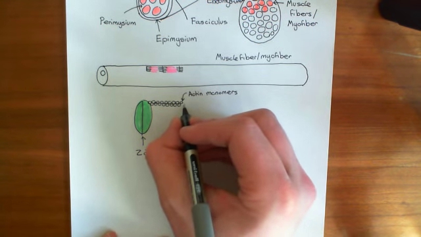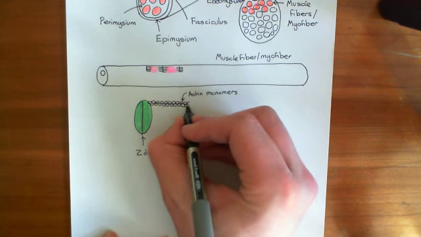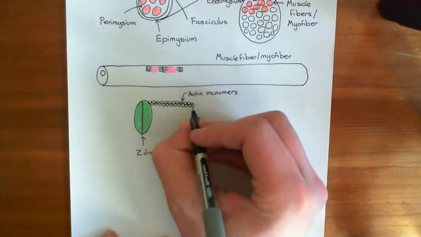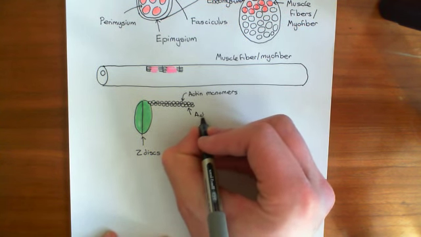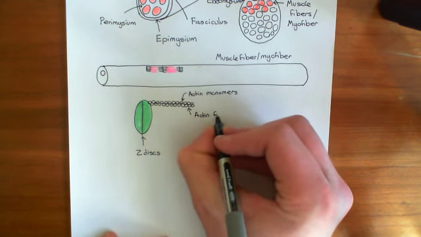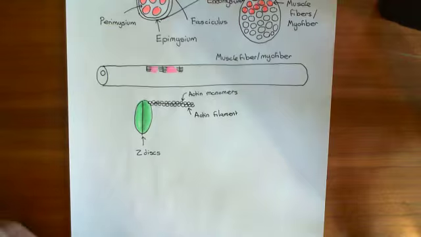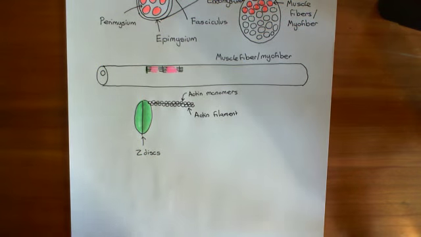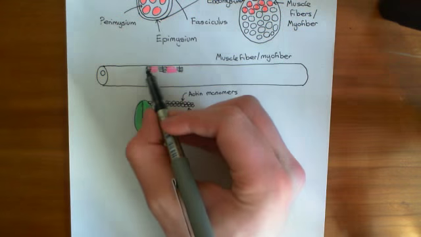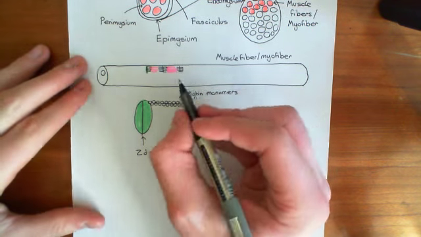So loads of these little actin monomers join together to make this larger fiber, and this fiber is known as an actin filament. So from this Z disc you have loads of these protein filaments coming out, and those are the actin filaments.